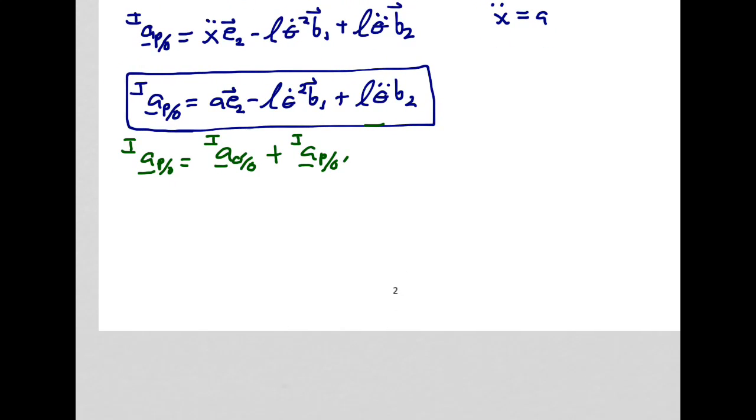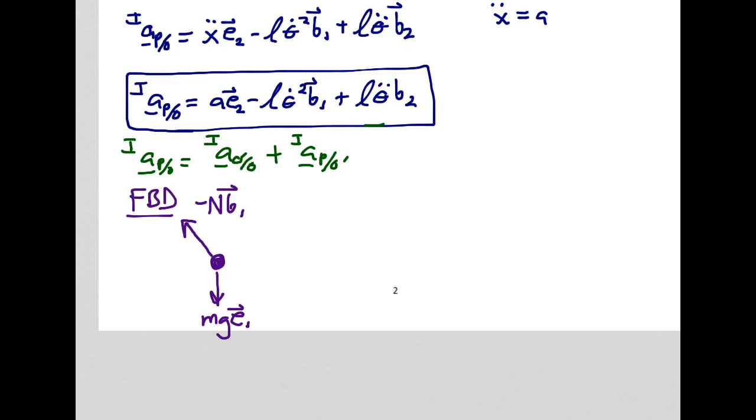Alright, let's create a free body diagram so we can apply Newton's second law. Our free body diagram shows our mass. We have gravity acting on the mass, in the E1 direction. And then we also have our constraint force, which we'll say is in the negative B1 direction, so negative n, with n a magnitude.